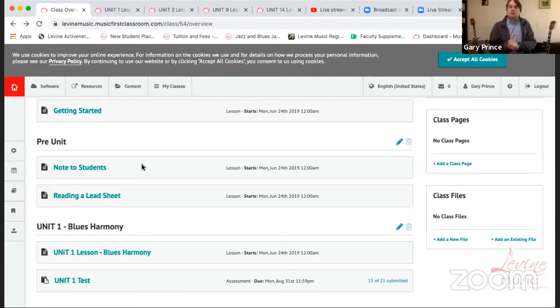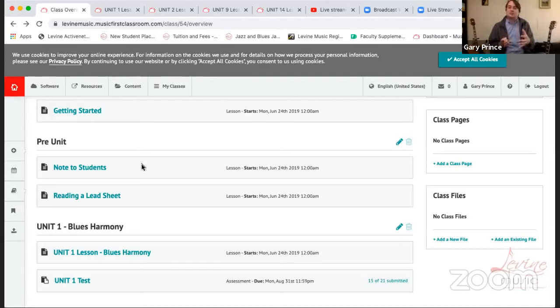Something that's fundamental about the class is that it can be begun at any time and it can be completed at any rate. I do personally do the grading for the class. I personally provide feedback, but there are no deadlines. Once you sign up for the class, you have a long period of time to complete it, and you can sign up at any time. And then once you're in the class, the units, of which there are 15, can be completed in any order.